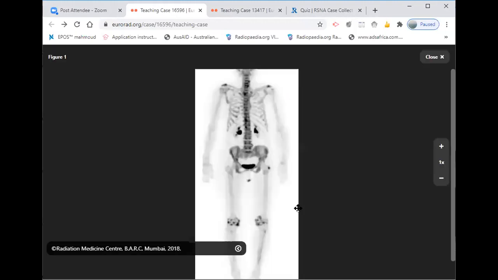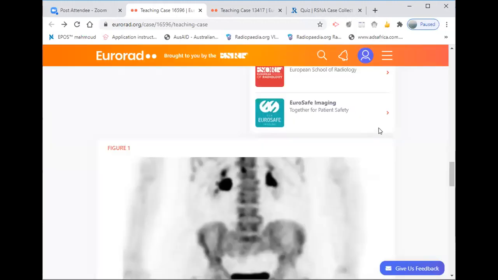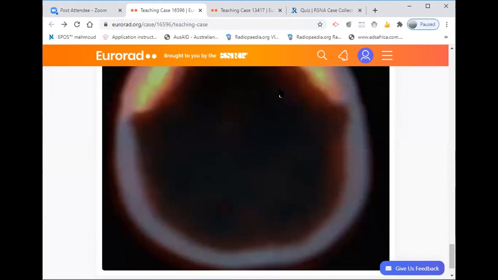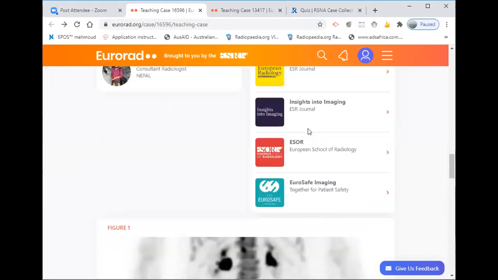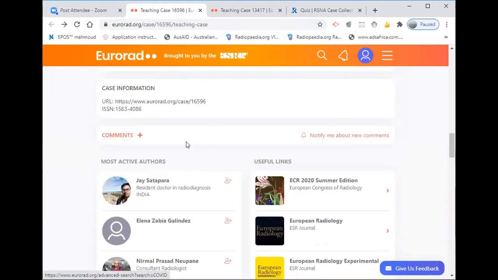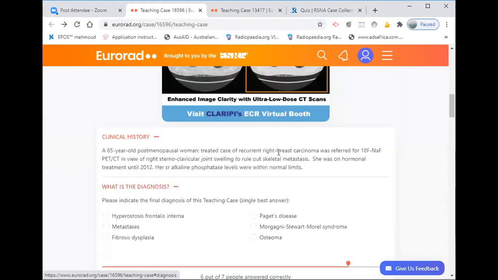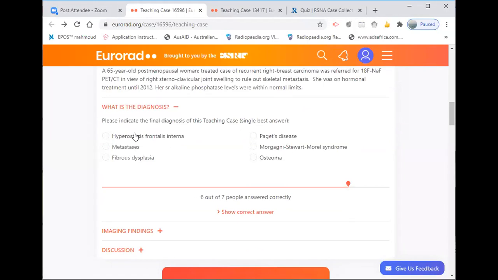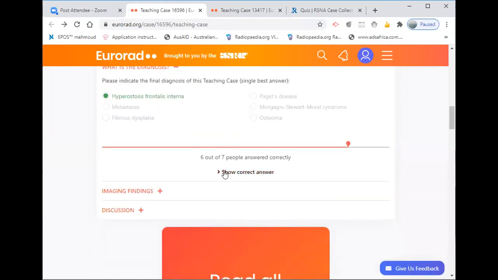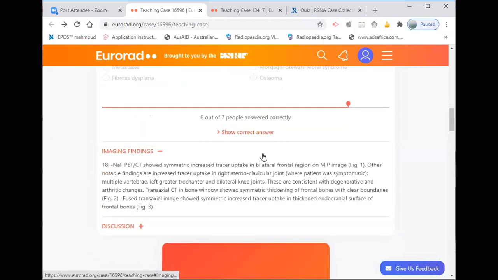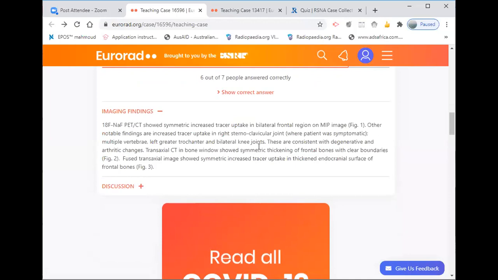And as you see, even if it is benign, it can show uptake, yes. So sometimes, if we choose this hyperostosis frontalis, show the correct answer. Yes, it is true. And what is the imaging finding in this case?